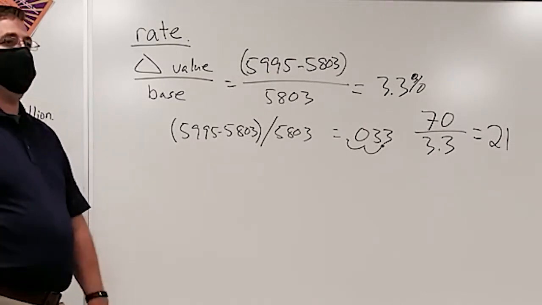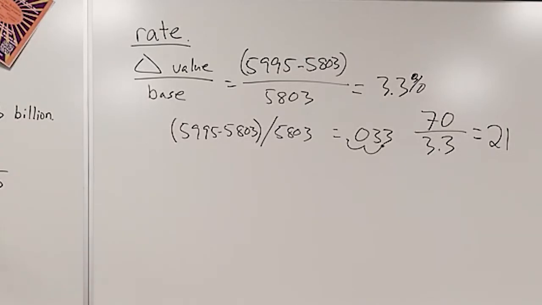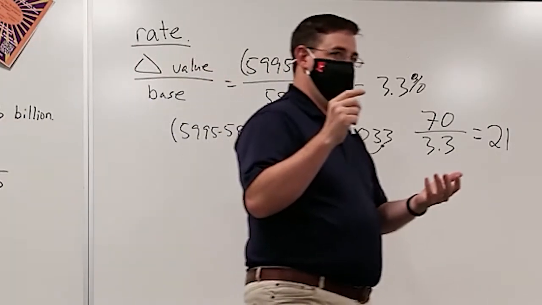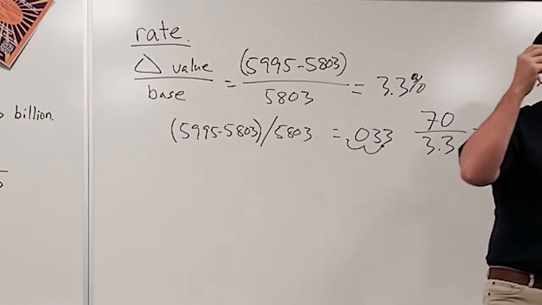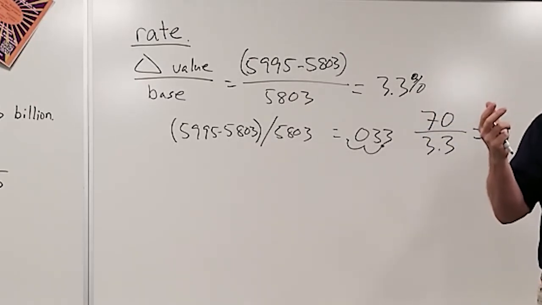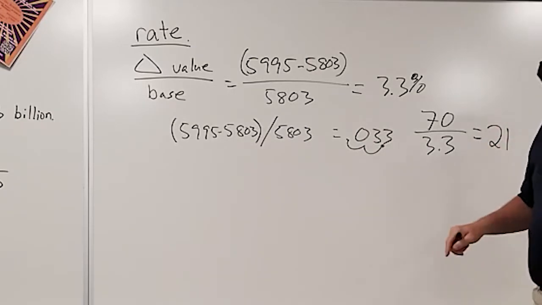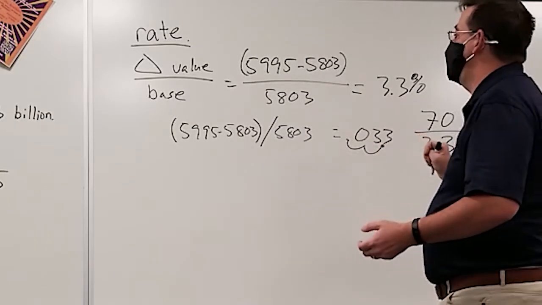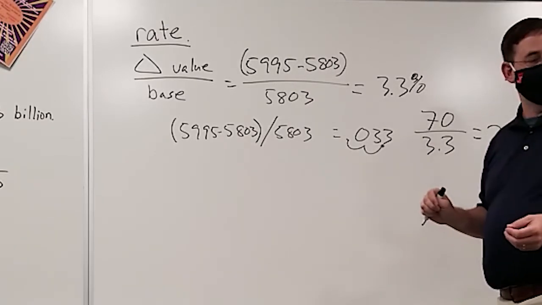Except what we're talking about here is the nominal GDP, and what we're really interested in is the real growth rate. In order to find the real growth rate, we have to control for what? Price change, or inflation. So how can we know what the inflation rate was between 1990 and 1991?